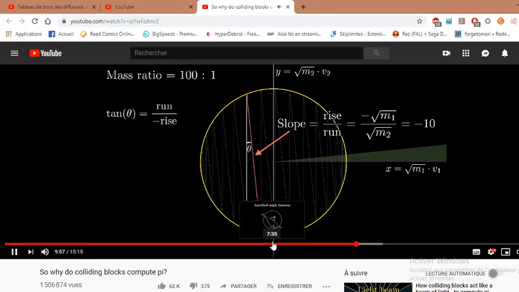So theta is going to be the arctan of 1/10. Speaking more generally, it'll be the inverse tangent of the square root of the small mass over the square root of the big mass. If you go ahead and plug these into a calculator, what you'd notice is that the inverse tangent of such a small value is actually quite close to the value itself.